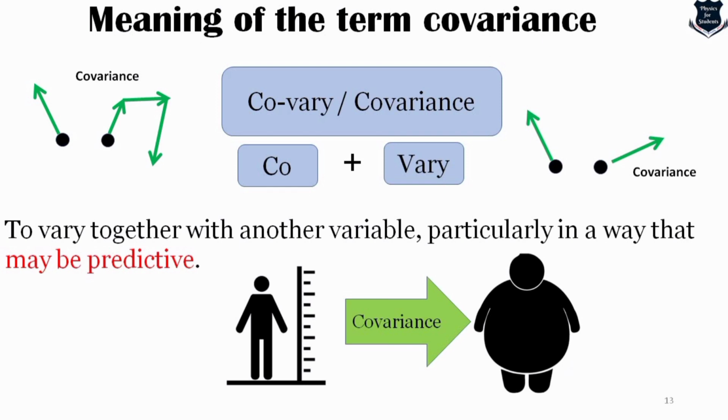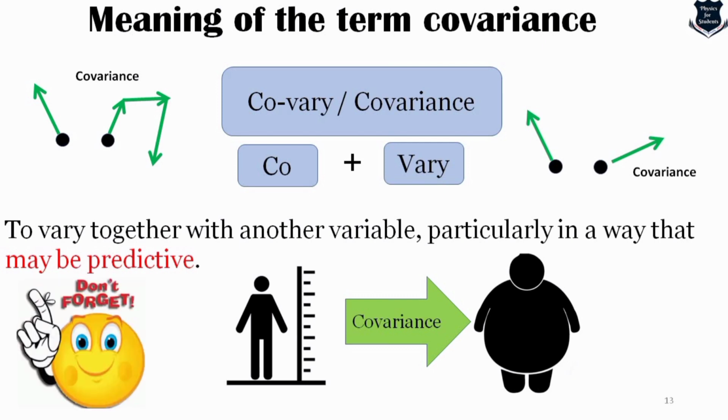Here I have shown this can also be called a covariance: the height of the person increases and so does the weight. So it is co-varying with something. But just remember one more thing, that covariance is also a statistical tool, and it is used to determine the relationship between the movements of two random variables. I'm not going much into that.